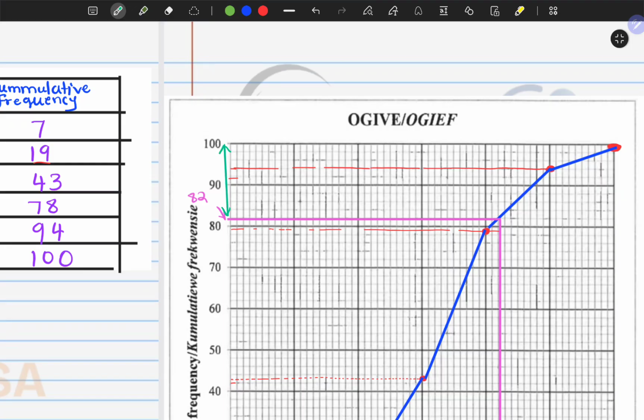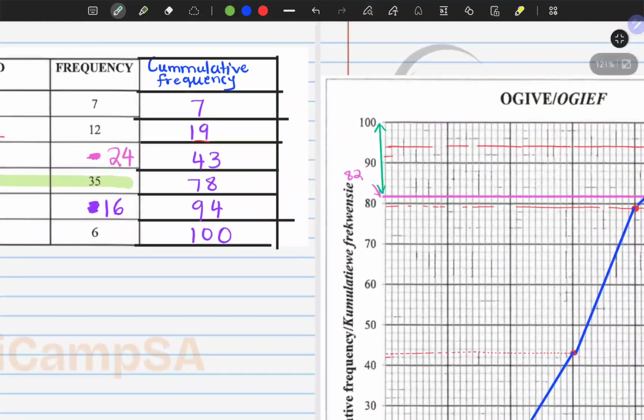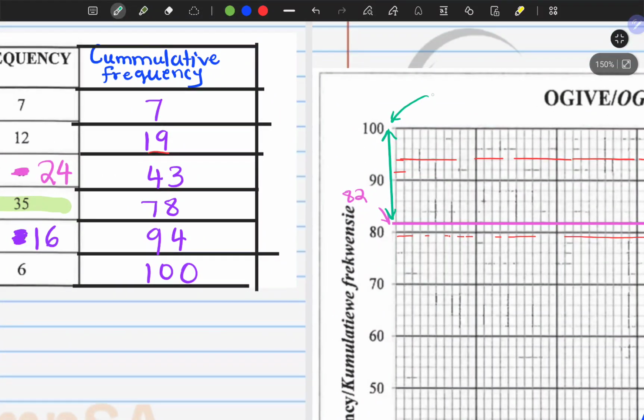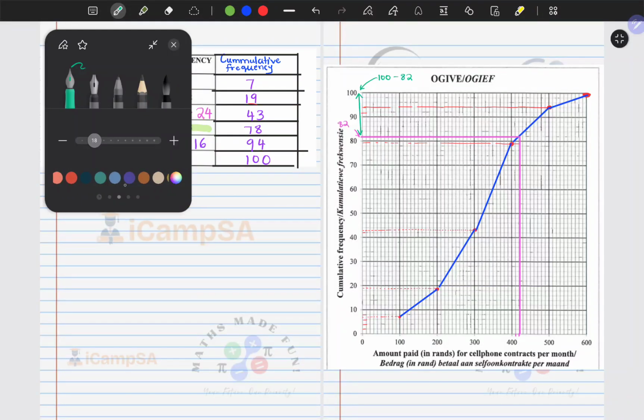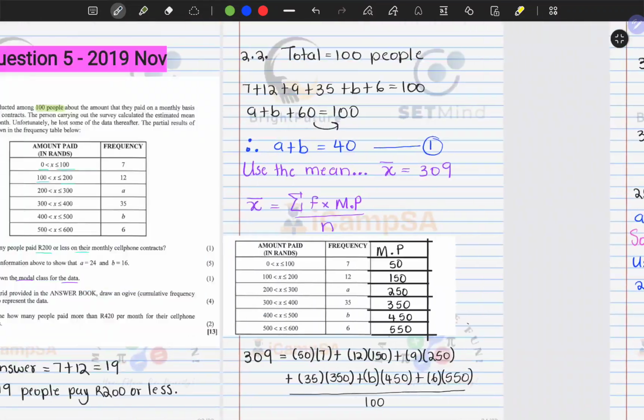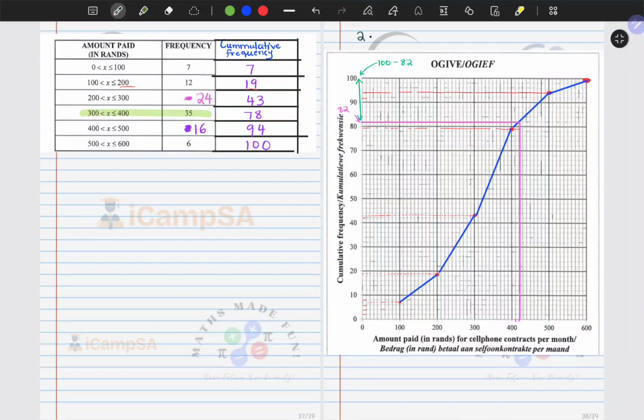Okay, it's actually 100 minus 82. So right there, what we have is 100 minus 82. So this Ogive curve here is the answer for 2.4. Now if I look at the answer for 2.5, what I will have is 100 minus 82.